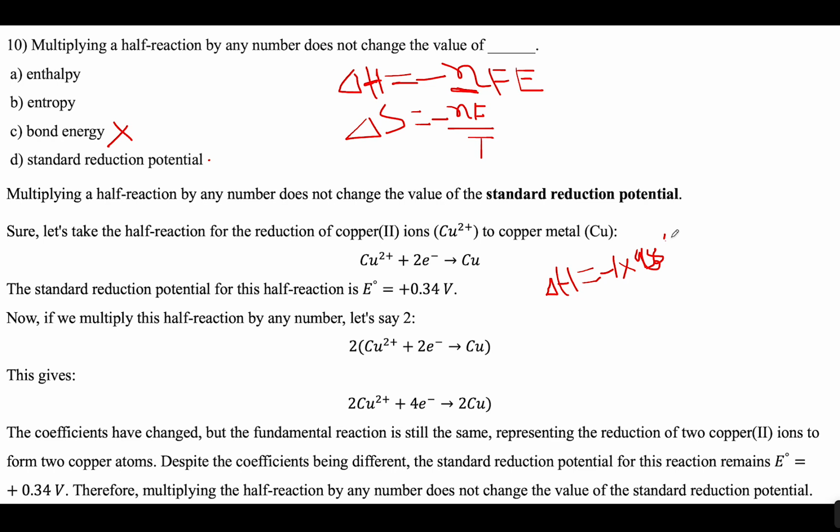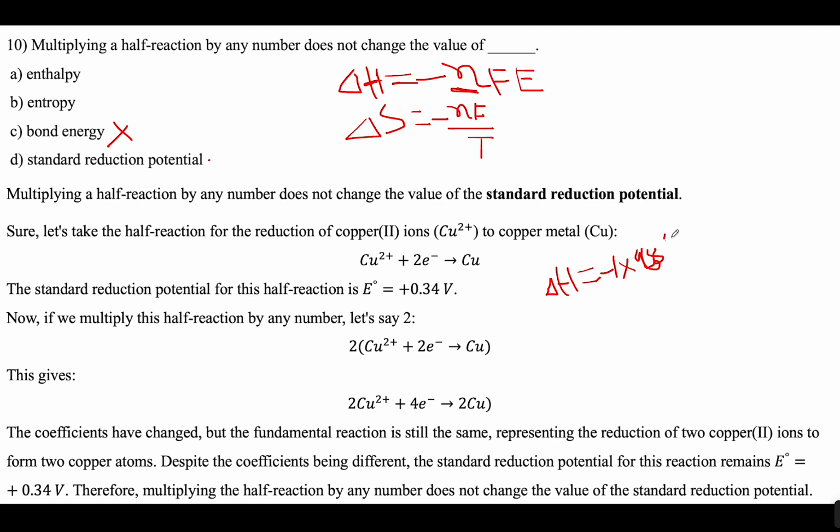Whereas when I multiply both half reactions by 2, with a conversion of 2, it comes to around 65,000. So it depends on the number by which we multiply, the number of moles.